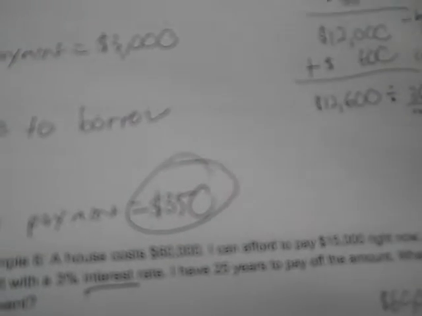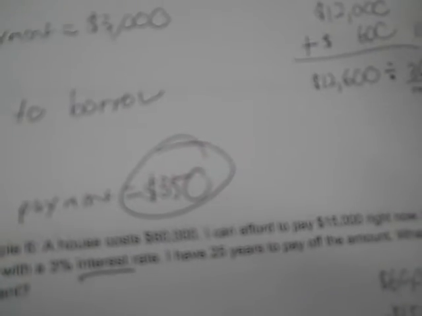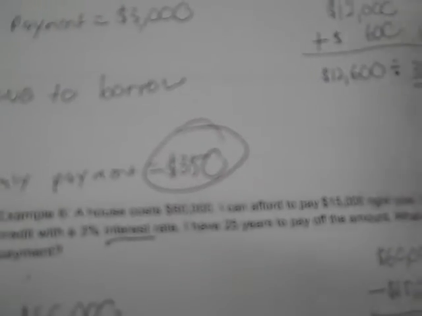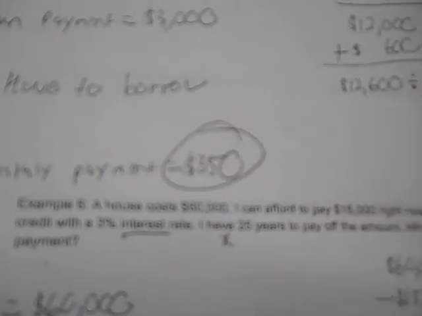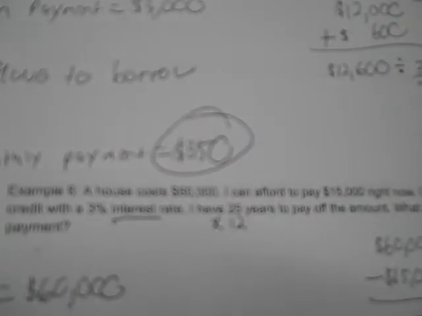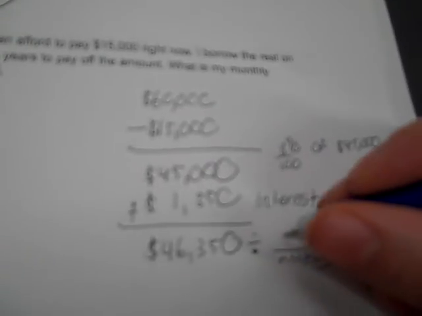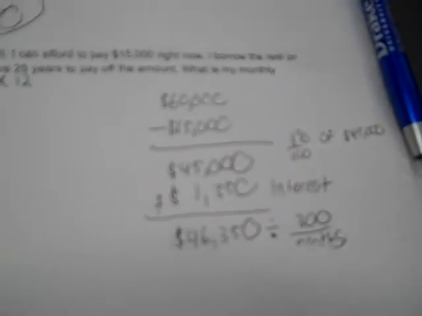So if I have 25 years, I don't want to write 12 out 25 times and have to add 25 12s together. That's too much work. So that's why they have multiplication. Multiply by 12, because there's 12 months in a year. So 25 times 12, and I have 300 months to pay this off. So 46,350 divided by 300, $154.50.